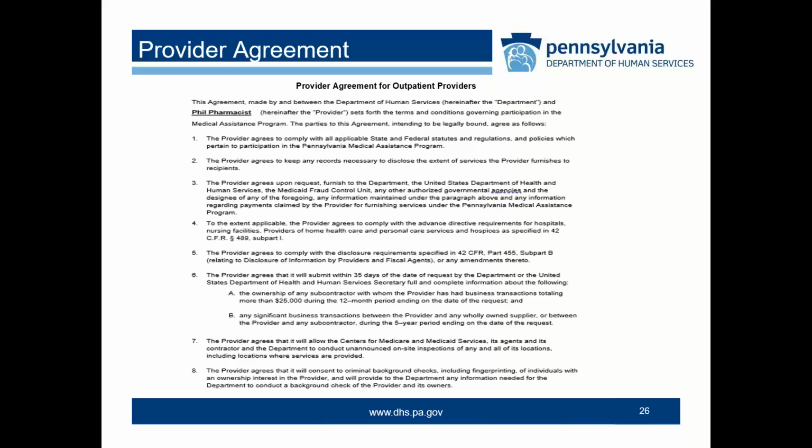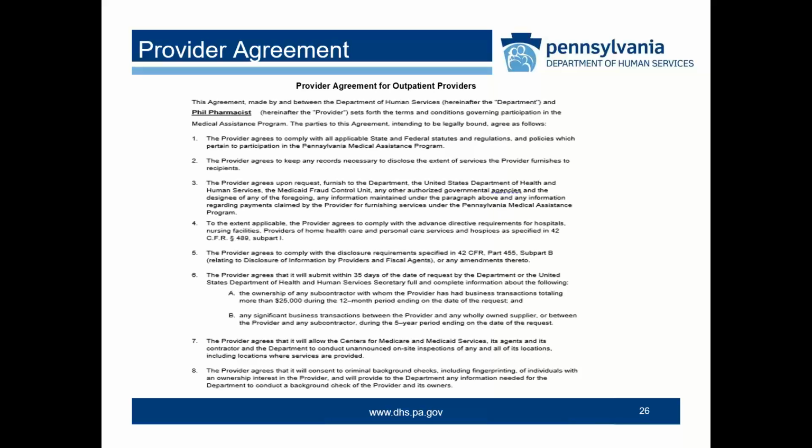Okay. Now we're getting towards the end. Here we have the provider agreement. This agreement is between the individual, the pharmacist, and PA Medicaid. And here we're actually stating that you are or will agree to abide by all state and federal statutes, regulations, and policies.